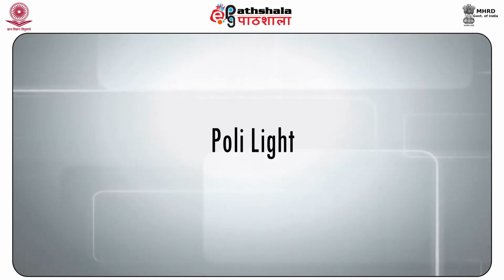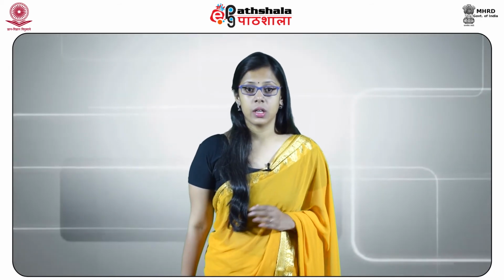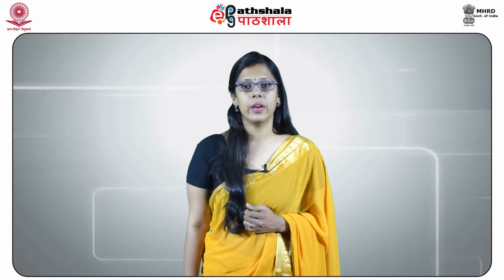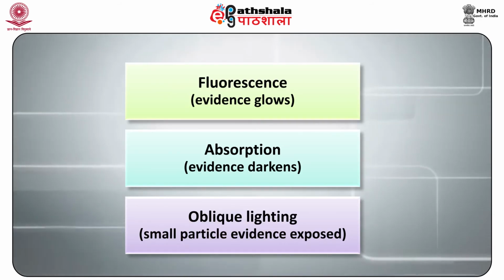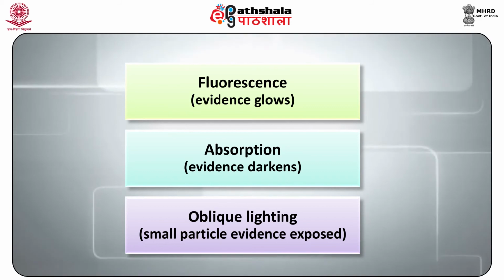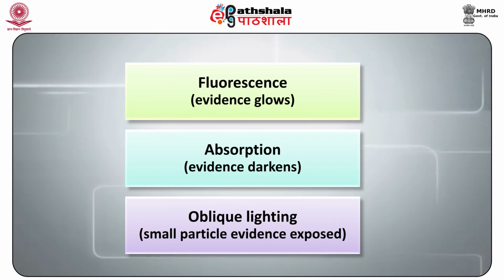Next we have the polylight. A polylight source is made up of a powerful lamp containing ultraviolet, visible and infrared components of light. It then screens down the light into separate color bands that improve the imaging of evidence by light interference techniques comprising fluorescence, that is the evidence glows, absorption, that is the evidence darkens, and oblique lighting, which is where small particle evidence is exposed.